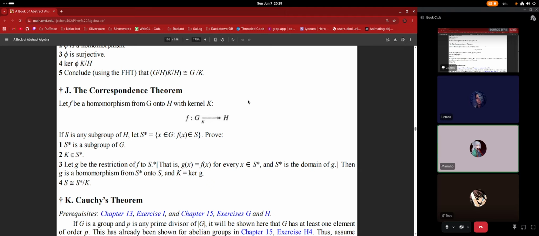If you know that something is a subgroup in the output, you need to be able to find a corresponding subgroup in the input. S is a subgroup of H, and you're trying to find an S star, which is a subgroup of G.